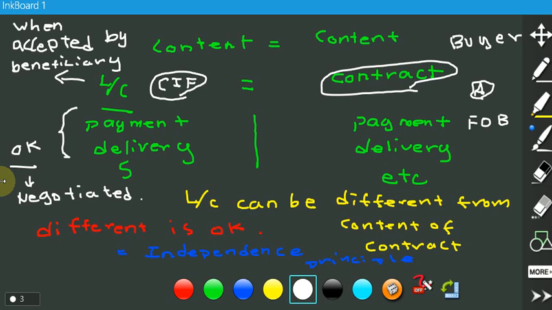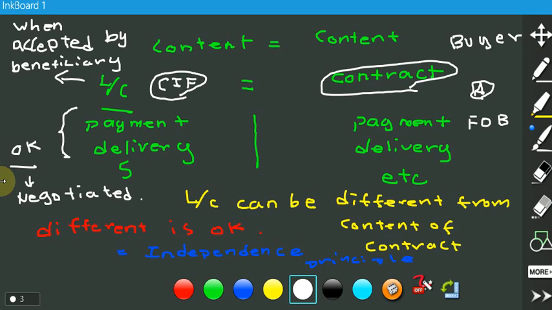So even if different, once the beneficiary accepts these conditions and proceeds with the letter of credit, it is acceptable to the bank.